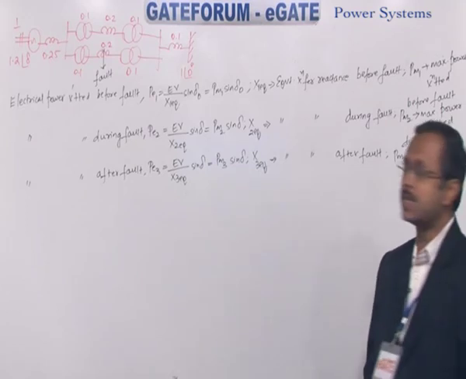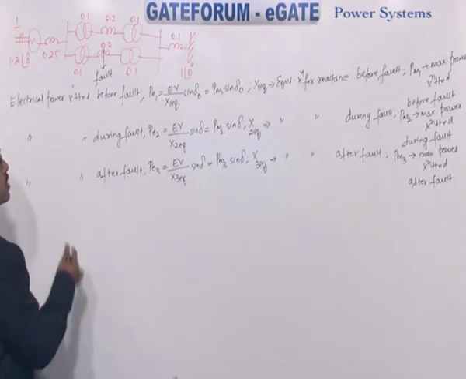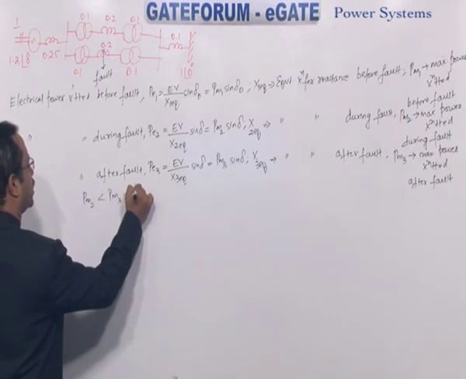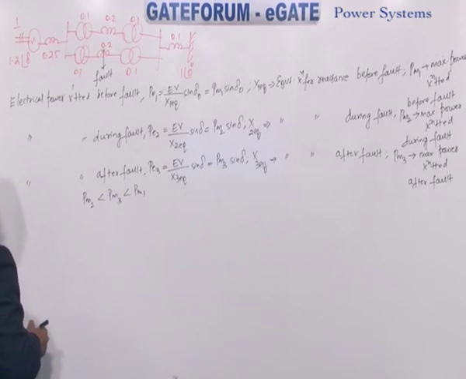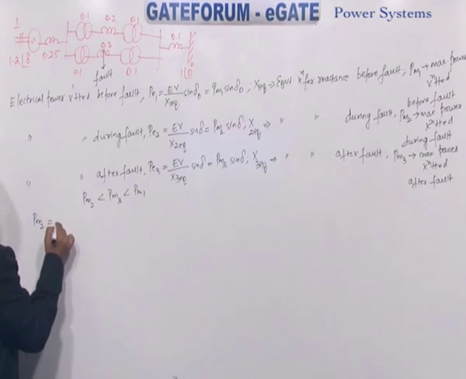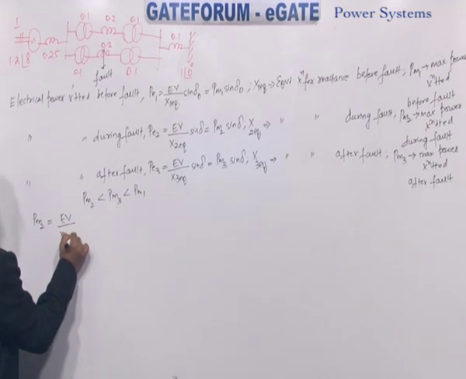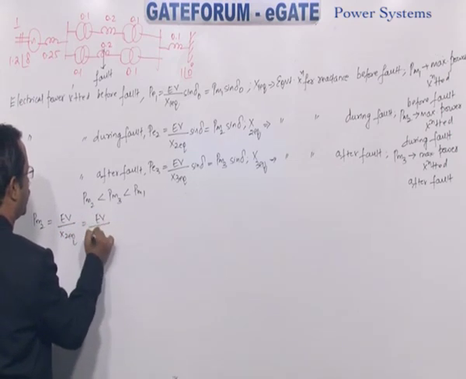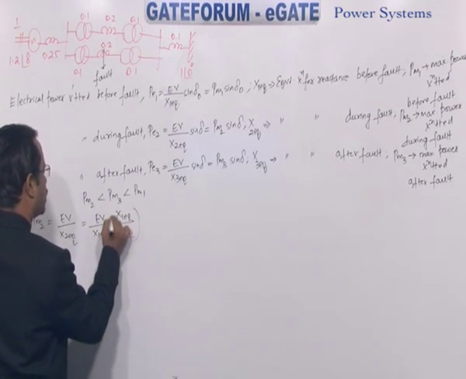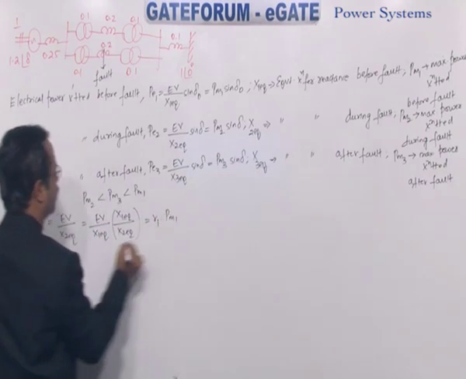Now again we relate these quantities. For any fault, you know that the power is less during fault, more after fault, and further more before fault. So PM2 is EV by X2 equivalent; multiply and divide by X1 equivalent. Some ratio, say R1, times EV by X1 equivalent, which is PM1.